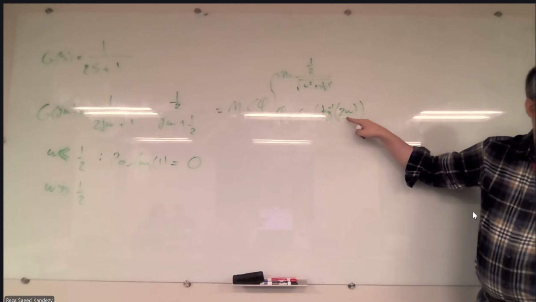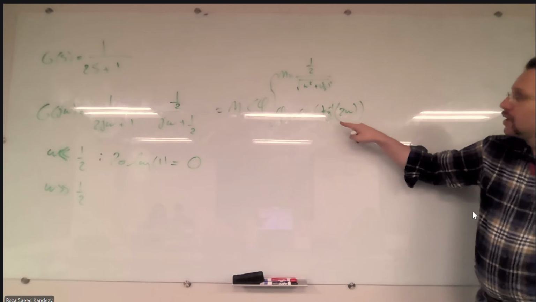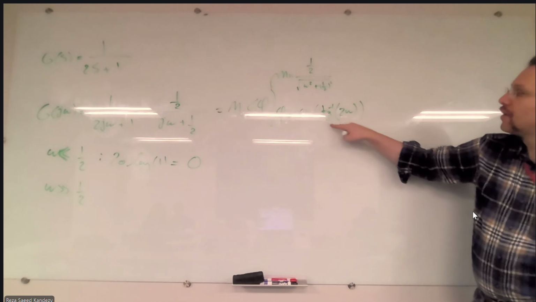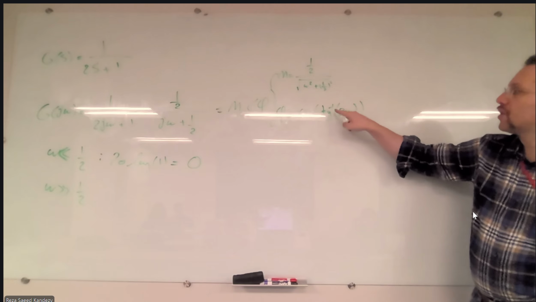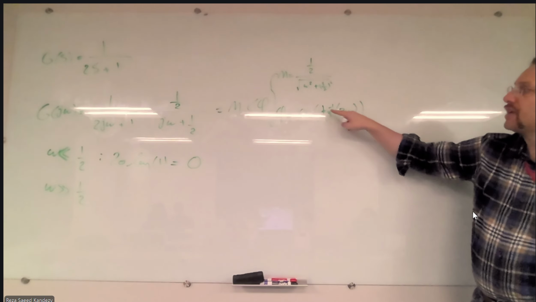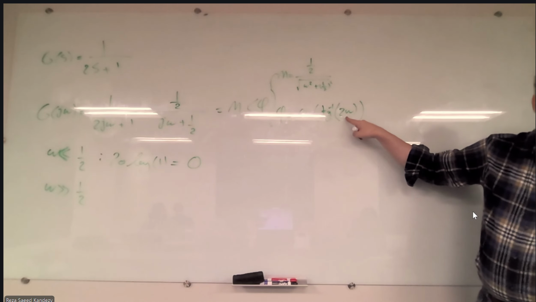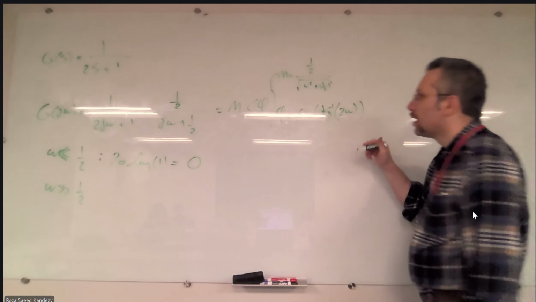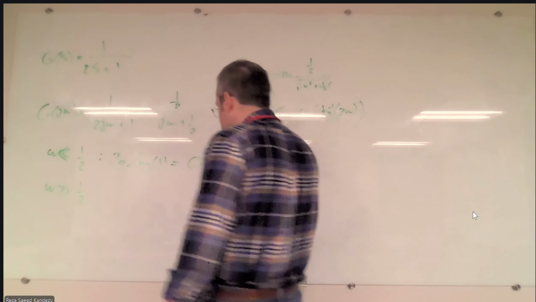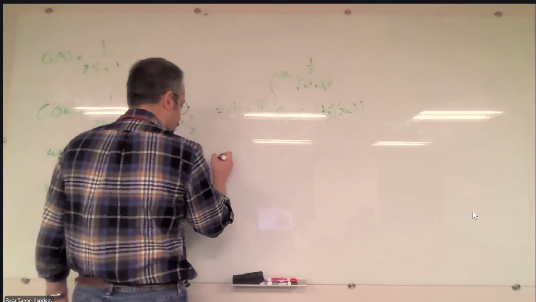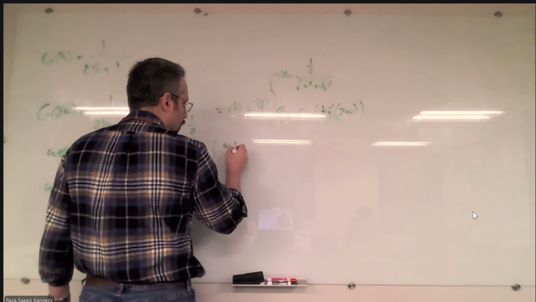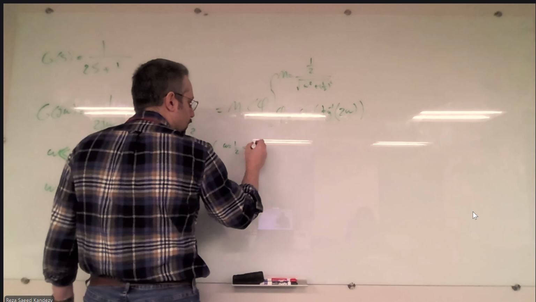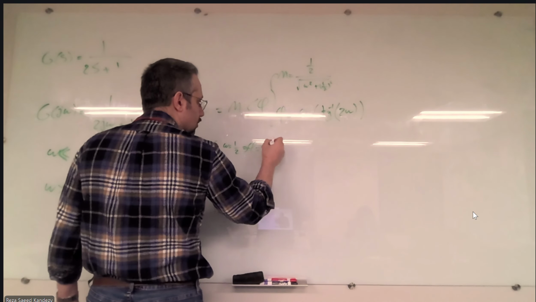Are we good? So what we are going to have here is tangent inverse of 1, which is 45 degrees. So for the phase at omega equal to 1 over 2, the phase is going to be 45 degrees.